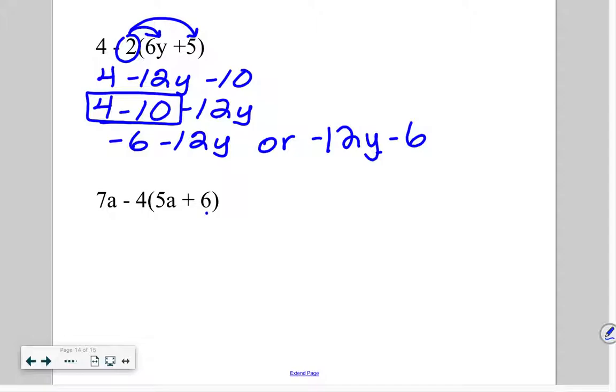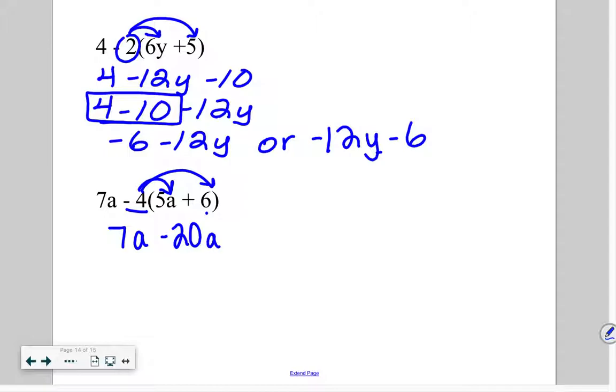Okay, last one. 7a minus 4 times the quantity 5a plus 6. Can we combine like terms 5a and 6? No, they're not like terms. So then what? Distribute what? -4. So bring the 7a down. -4 times 5a. -20 what? a.